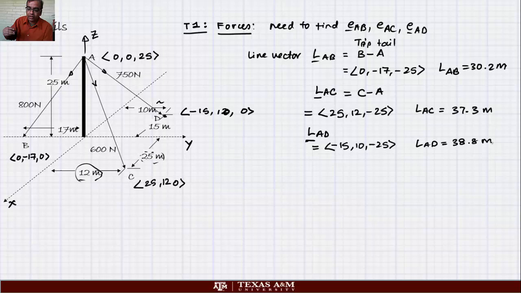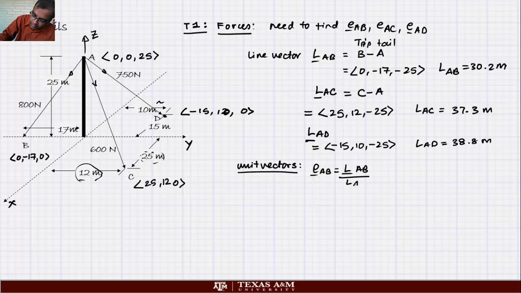Excellent. Now let's calculate the unit vectors. EAB equals LAB divided by its magnitude LAB.